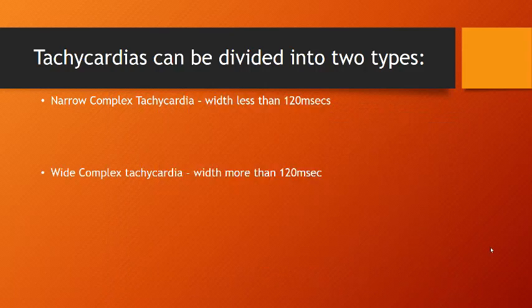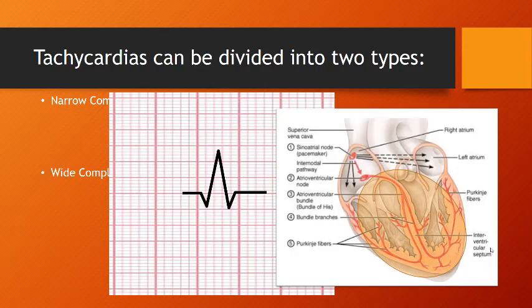Whereas a widened QRS complex, which is more than or equal to 120 milliseconds or more than 3 small squares on an ECG graph, occurs when the ventricular activation is abnormal. It can be abnormal for many reasons. It is basically a slow conduction pathway. The arrhythmia originates outside of the normal conduction system, and it is usually below the AV node.